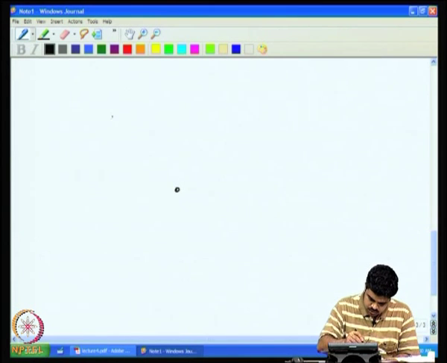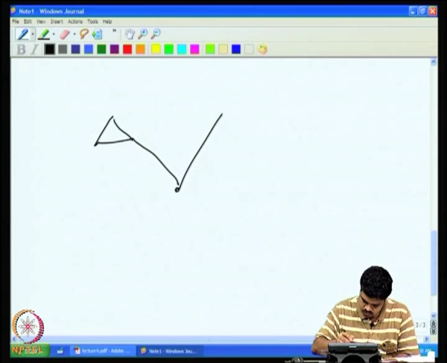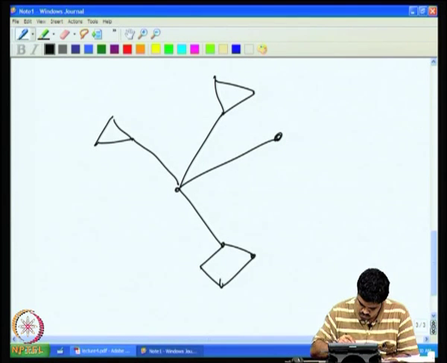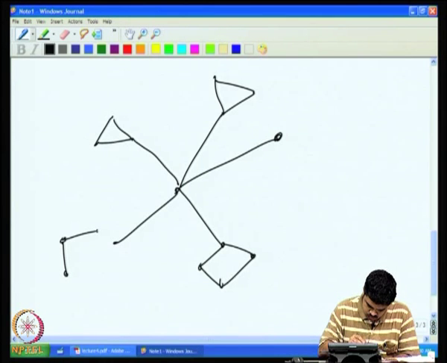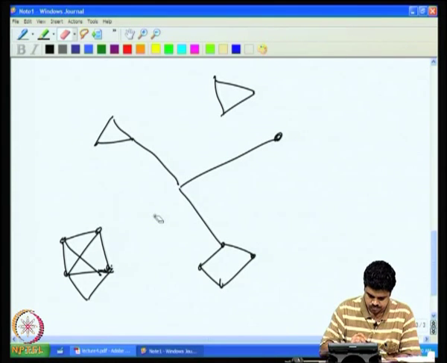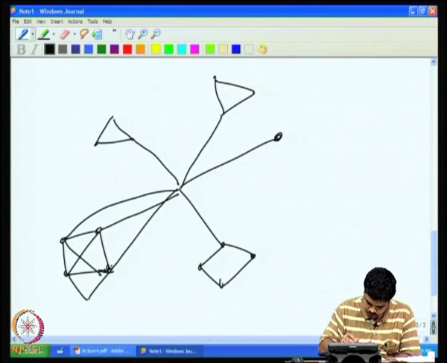Here I draw this kind of a graph. We can consider this graph for instance.